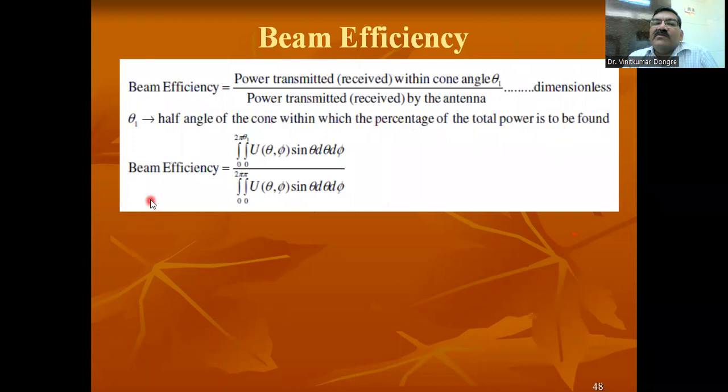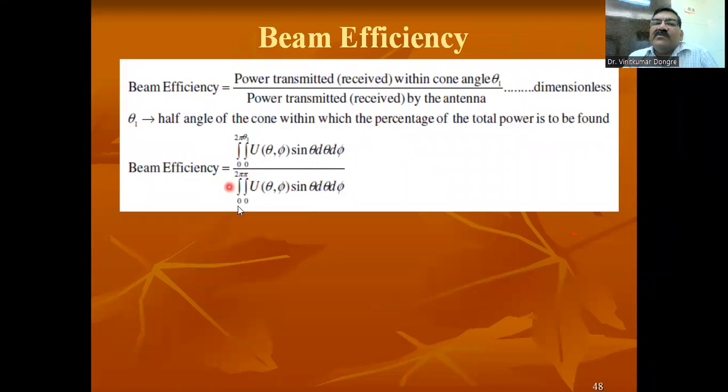So for beam efficiency, you are taking a reference of radiation intensity, because here cone angle means solid angle we are taking. Wherever the solid angle reference is taken, the quantity we take is u, that is radiation intensity.